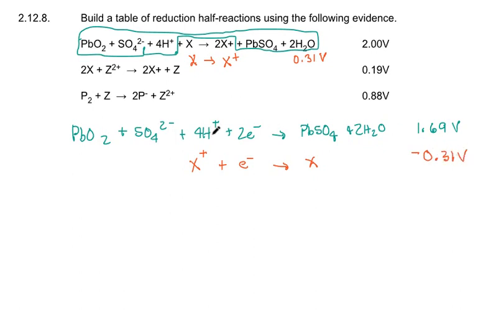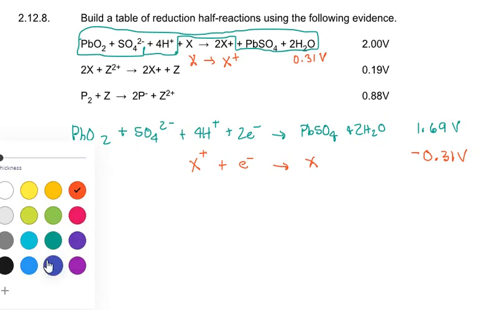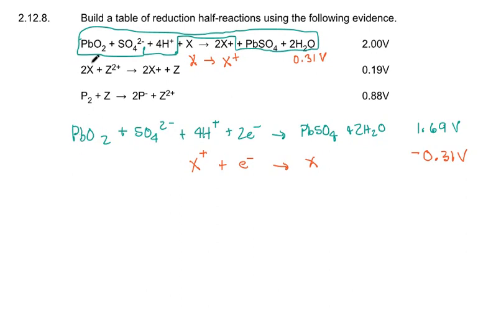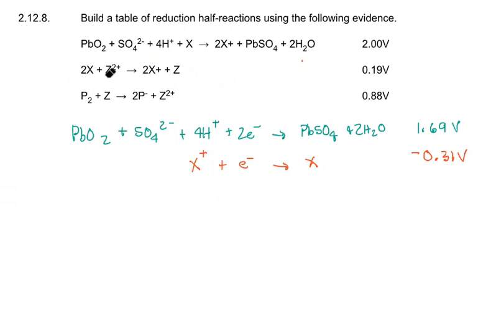Good there? Now that we have that, this next reaction involves X's turning into X pluses, the reverse of the reaction we have here, and Z2 ions reducing to Z, so we have more calculating to do.